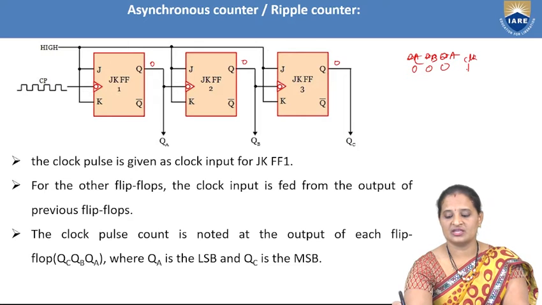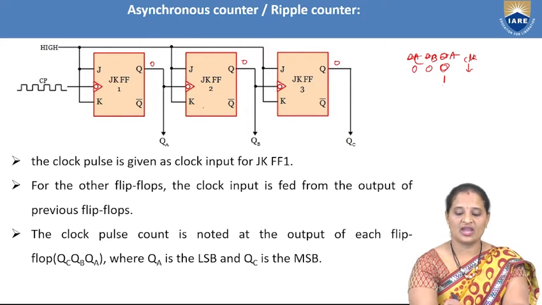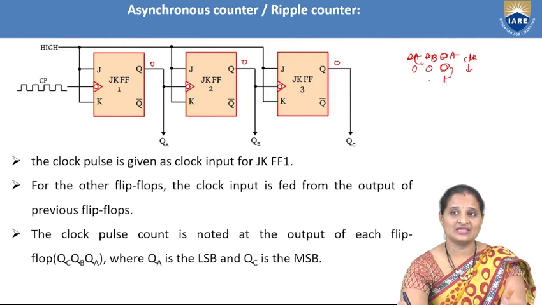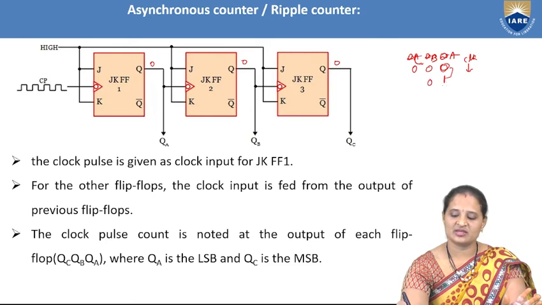As we are connecting the toggle input to 1, the next state is the complement of the present state, and hence it becomes 1. This is applied as the clock to the second flip-flop. So we have a transition from 0 to 1, which is a positive edge in the clock of the second flip-flop. As there is a positive edge, the flip-flop will not change its state. It remains in the present state.